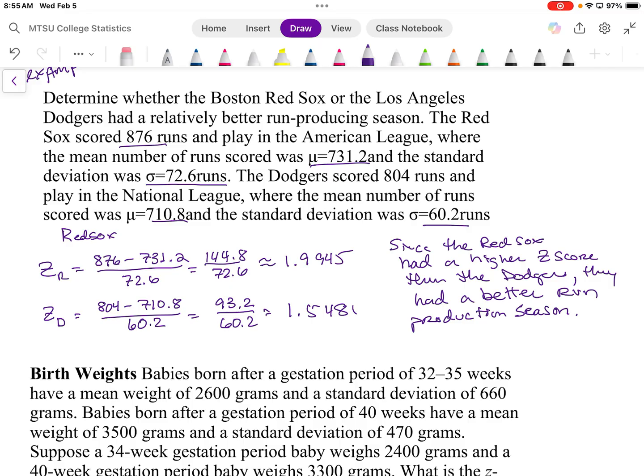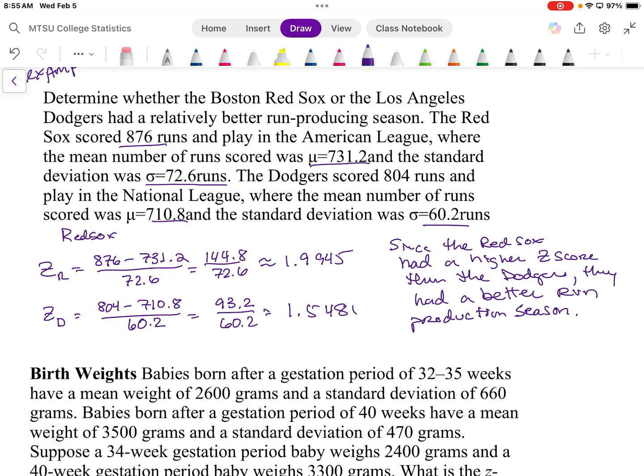Again, we converted to a standardized score by using each individual value and the mean associated with that league, and dividing by the standard deviation of that league. Now we can see that 1.99 is bigger than 1.54, so the Red Sox had a better season based off of run production.